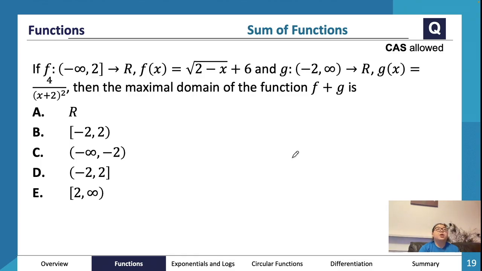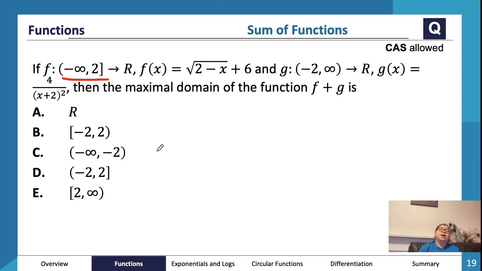What we need to find out first is what the domains of each are and how they work together. So the domain of the first one we can see is negative infinity to 2.